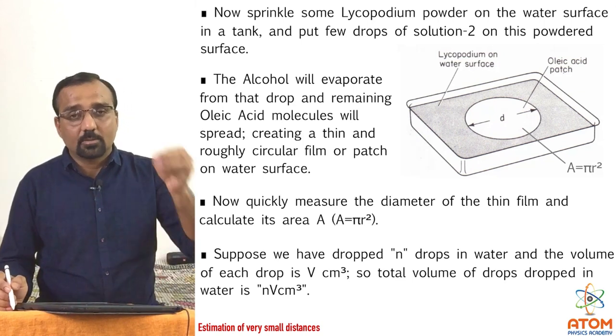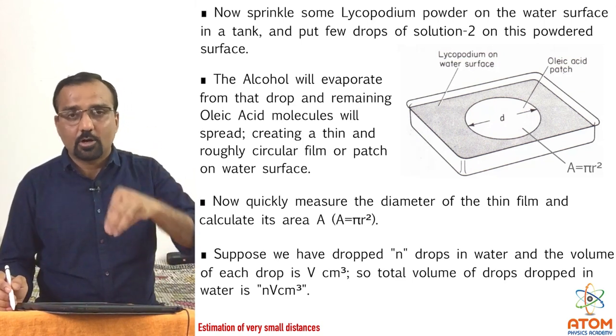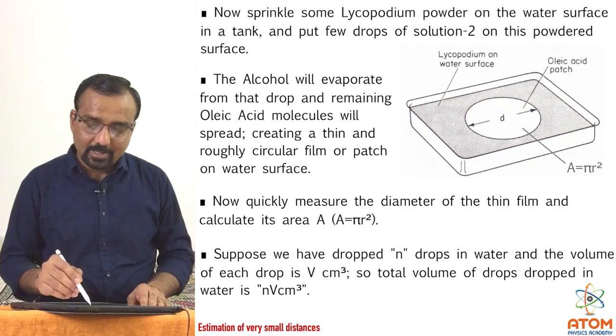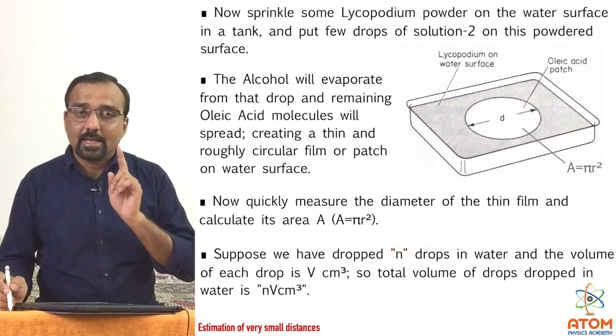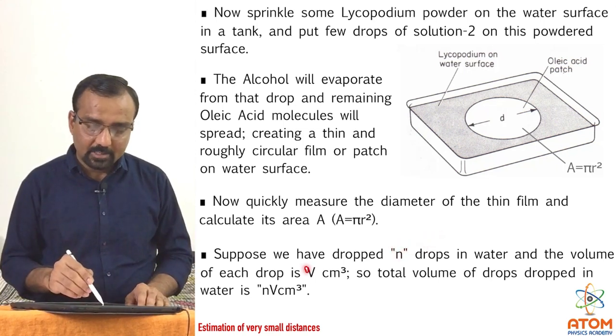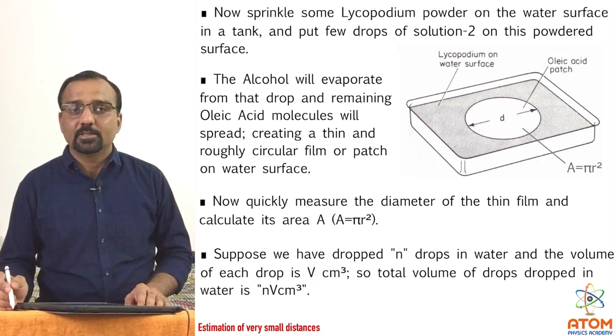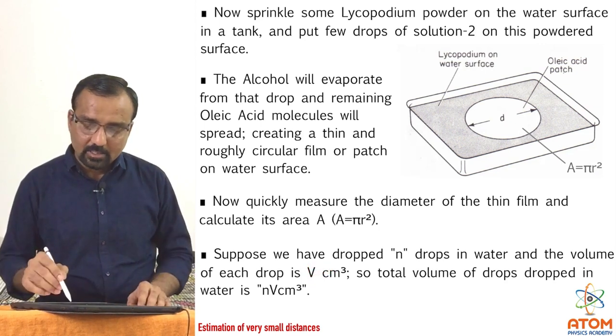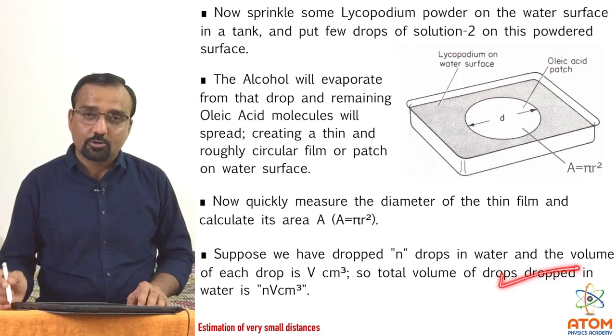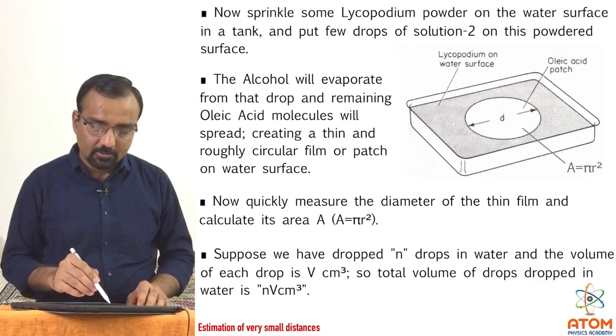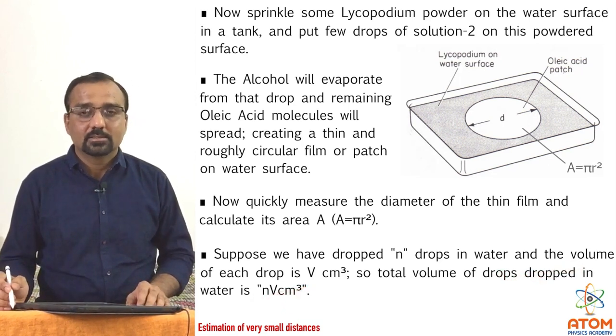Now, suppose the number of drops which we dropped on this surface were n, and every droplet was having a volume, let us say V centimeter cube. That means the total drops dropped on this water surface will be n V centimeter cube.